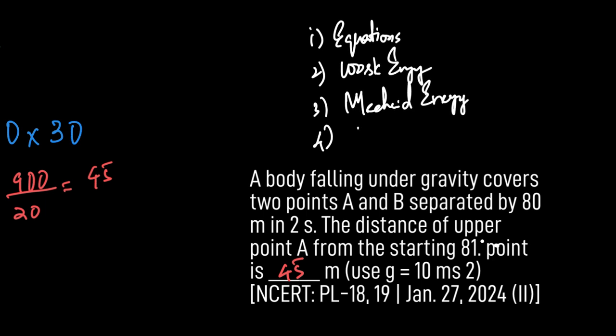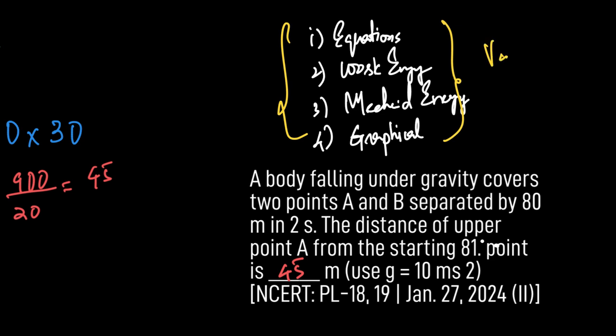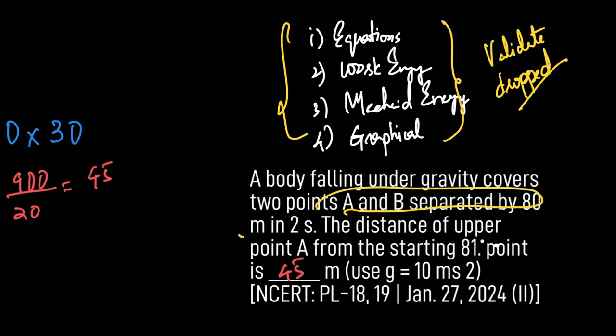Now we will solve this using a graphical method. And once we have solved the same problem using these four methods, we will validate that this body is in fact dropped by evaluating the condition that A to B is separated by 80 meters in 2 seconds.